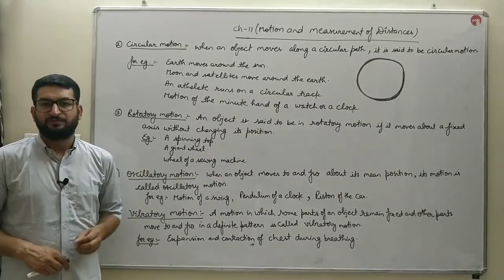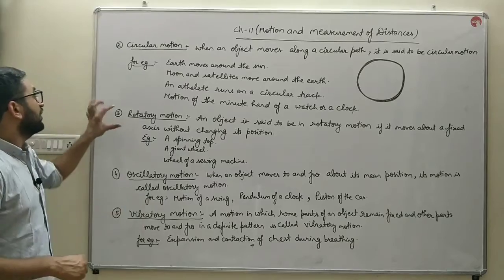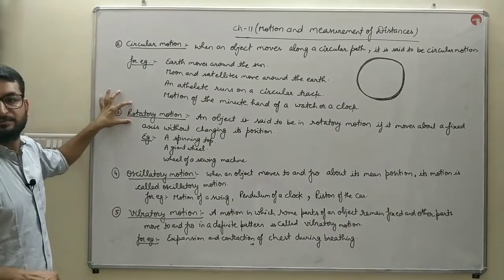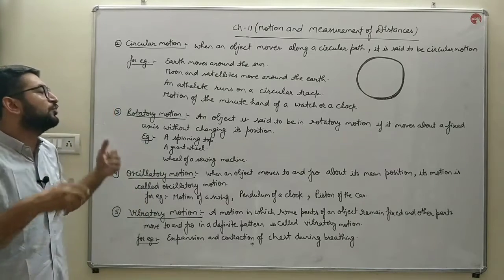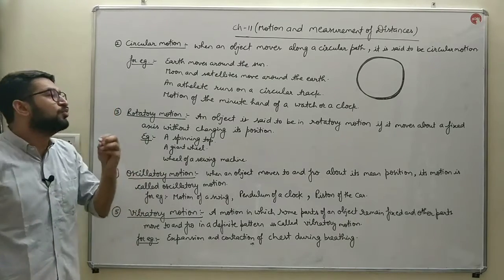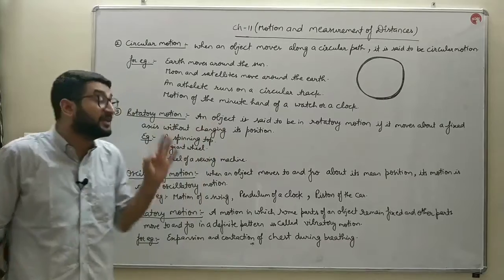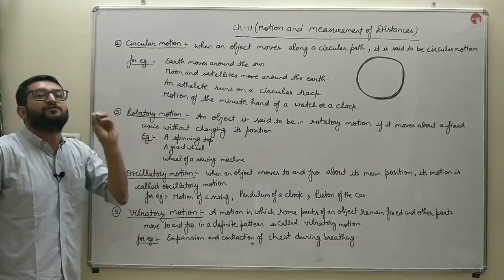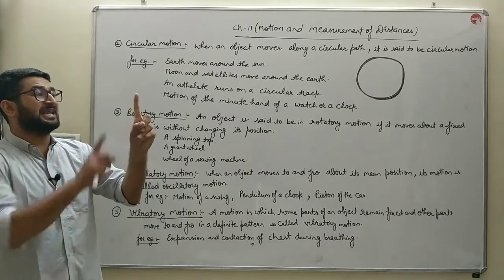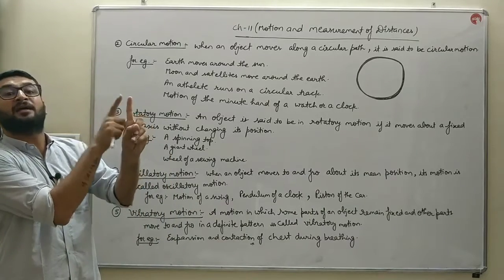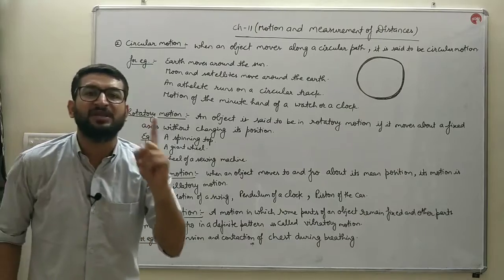The next type of motion which we have to study is rotatory motion. The motion of an object is said to be rotatory motion if it moves about a fixed axis without changing its position. When an object, children, moves around a fixed axis, that is known as rotatory motion.